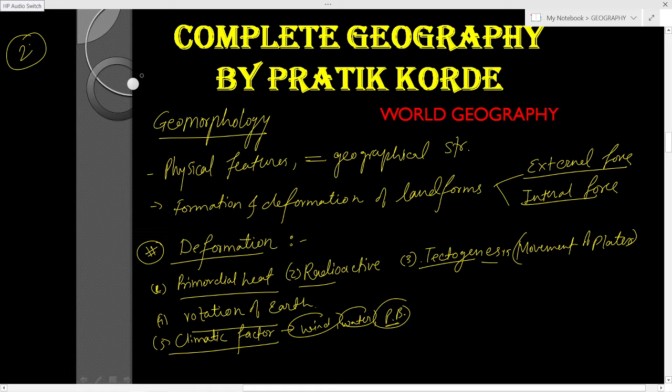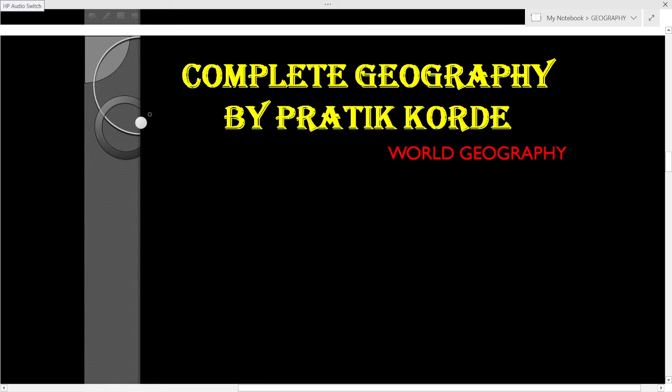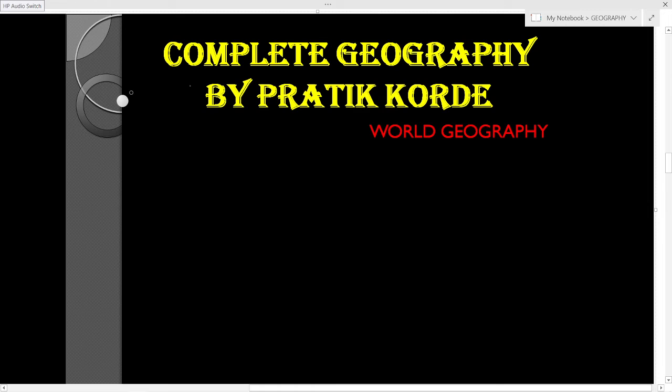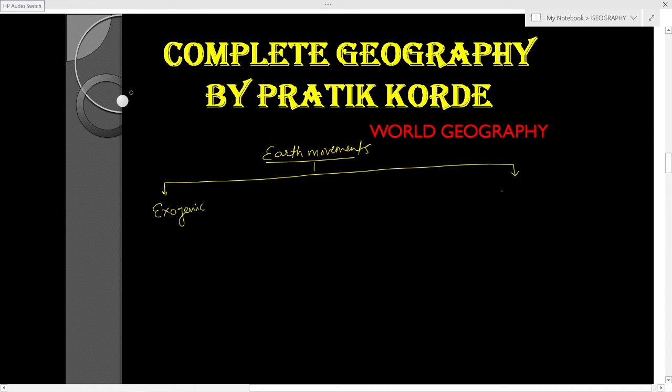So we will broadly classify them into certain forms. How are we going to classify them? These are the earth movements. The earth movements are widely of two types: exogenic and endogenic.